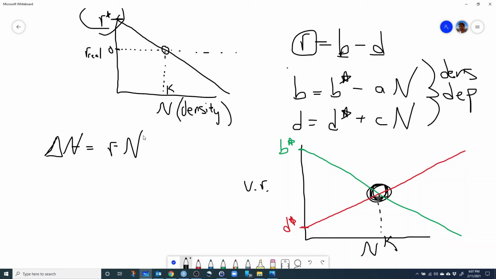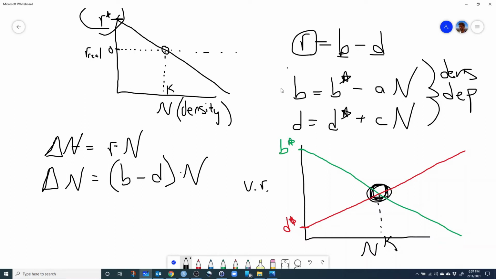Now we can remember that r is equal to b minus d. So another way to write this is delta n is equal to (b minus d) times n. So far so good, right? So this is just our basic exponential growth.